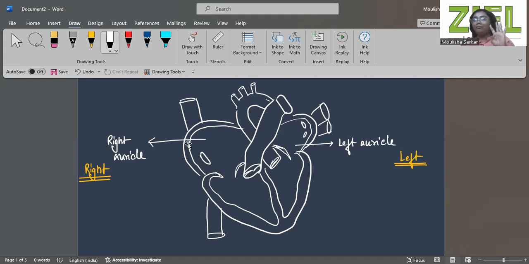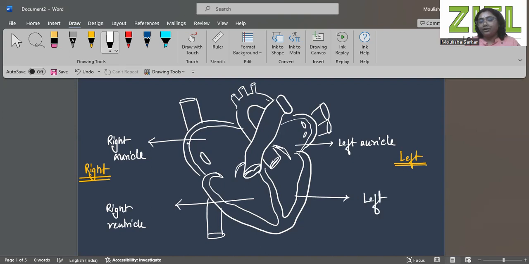So the two upper chambers are there: right upper chamber, right auricle, left upper chamber, left auricle. Then I am coming to the lower chambers. This is the right ventricle and this is the left ventricle. Okay, so now we have the four chambers of our heart.